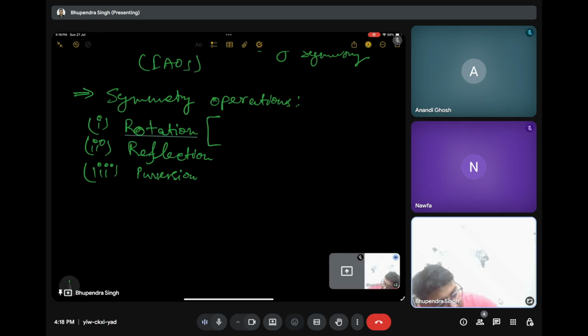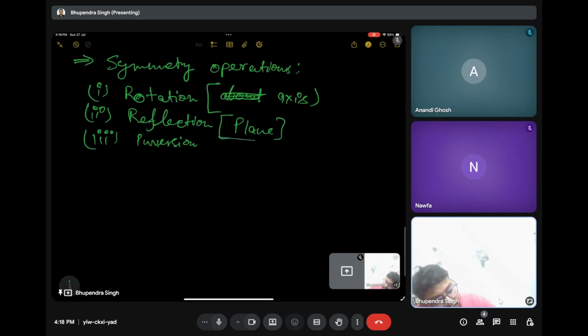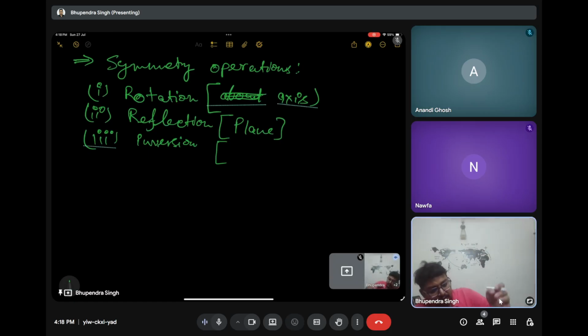It should be about an axis. For reflection, we should have a plane, just like a mirror. For inversion, everything is inverted, so you should have a point.